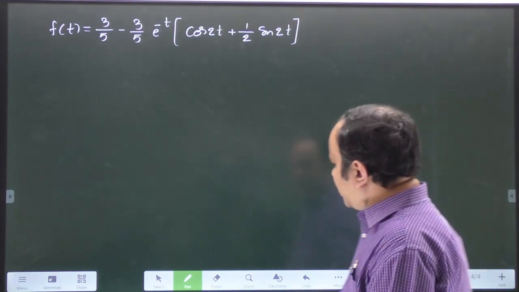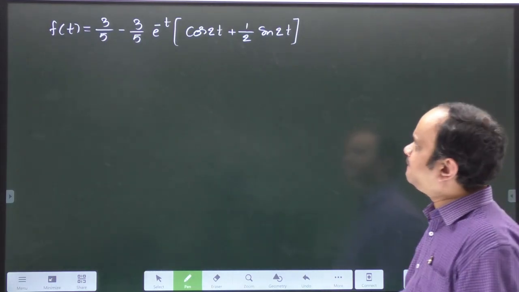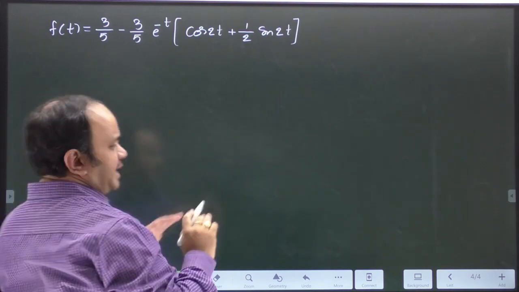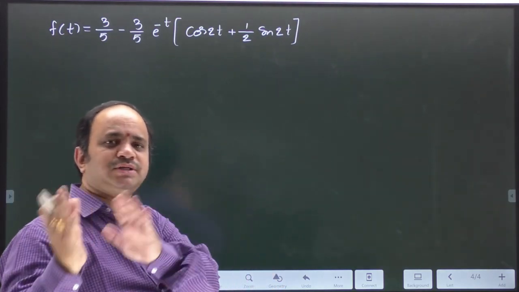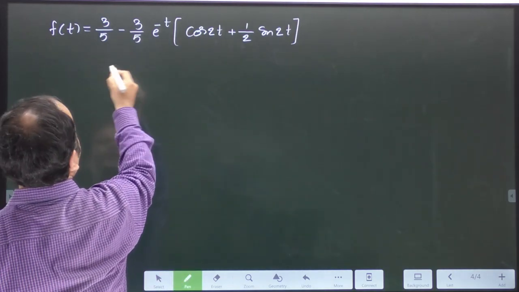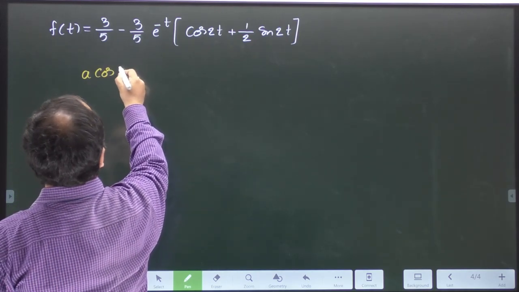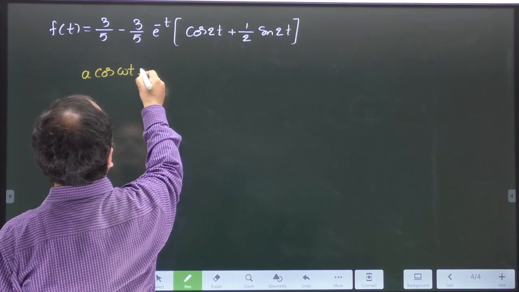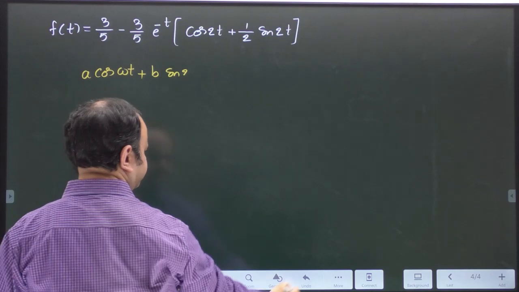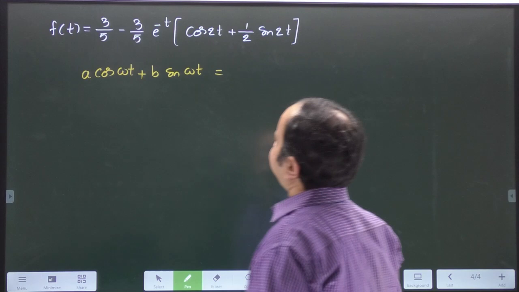Now, instead of stopping with this, I would like to write this particular form as some constant multiplied with cos of certain function. So, for example, say here, let me treat it like this, a into cos omega t plus b into sin omega t. Okay.